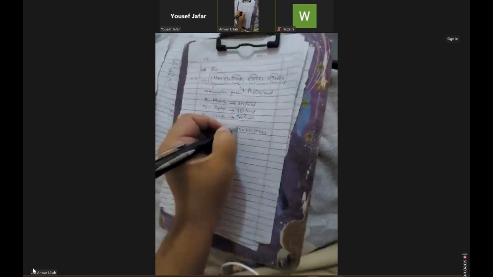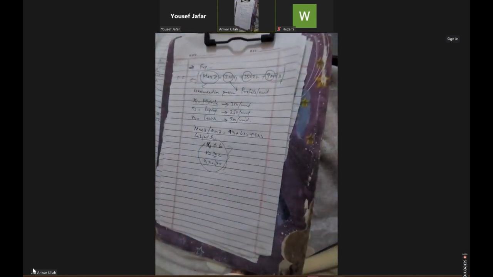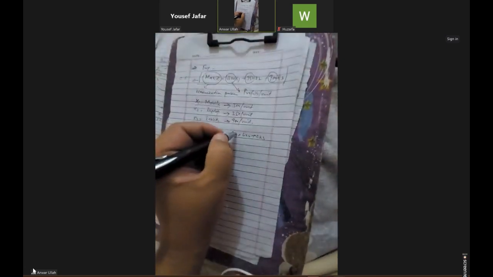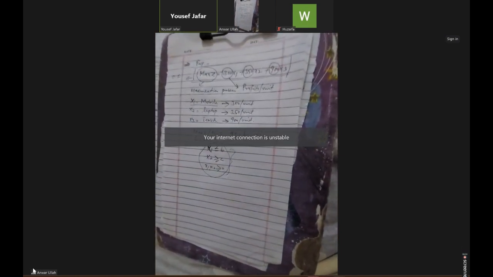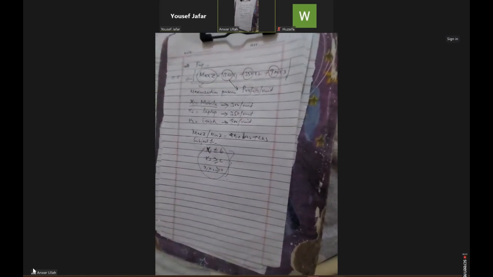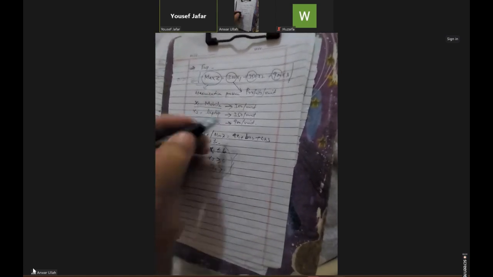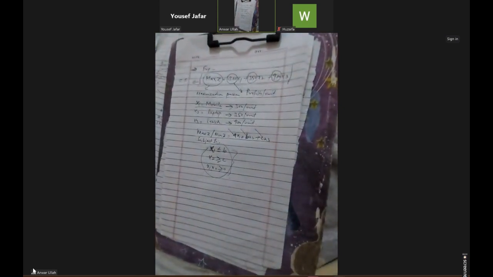It is ax1, it is not 9x. This is ax1 plus bx2 plus cx3. And this can be any number, this a, b, and c can be any number.